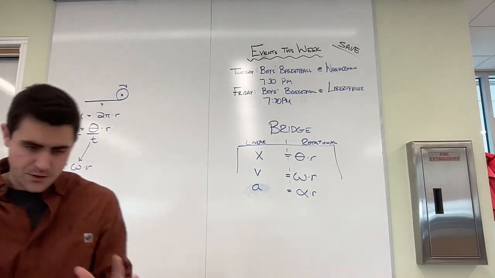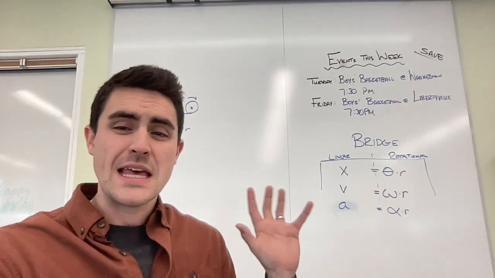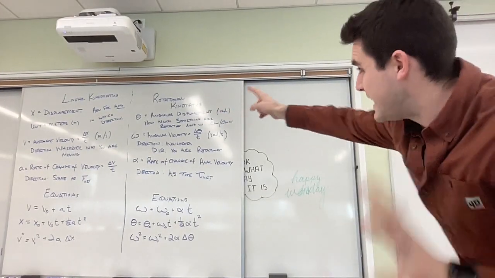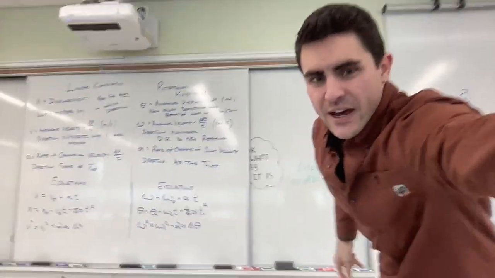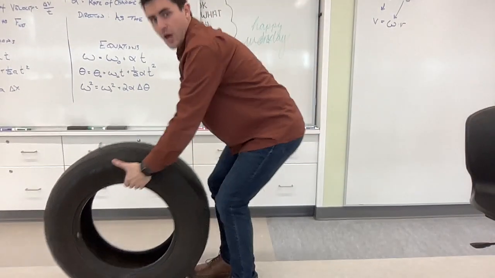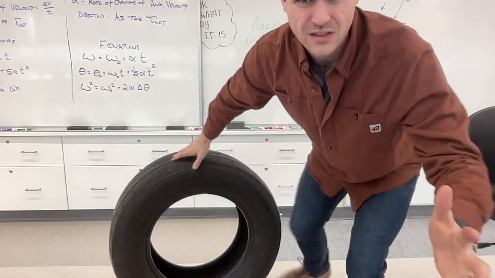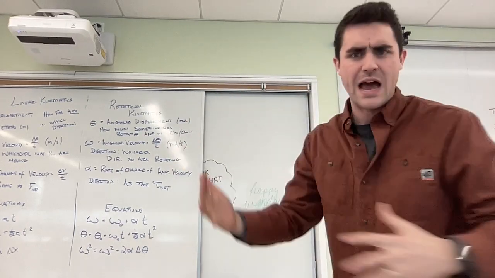I want to remind you, and it is so important that you are clear on these 3 bridge equations. These equations only work if the rotating motion is causing the linear motion. Basically, if I took this tire, picked it up, and just rotated it around like this, it's rotating, but it's not moving linearly. So no, I wouldn't have any linear motion because of that rotation.